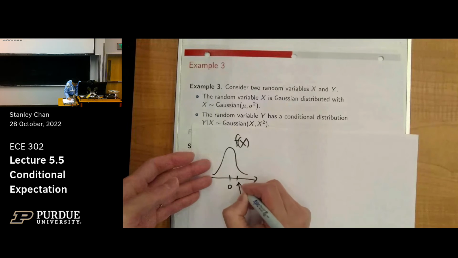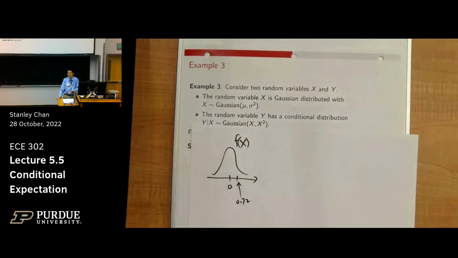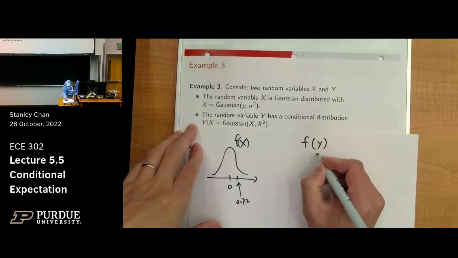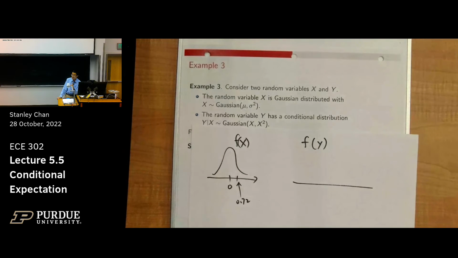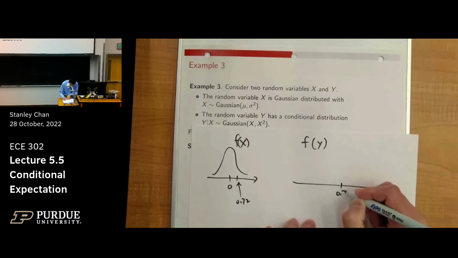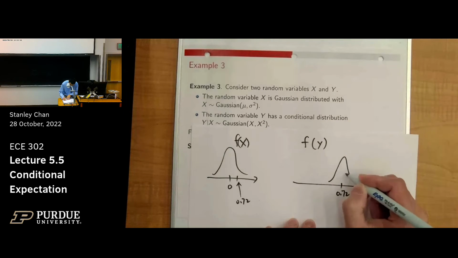Let's say today you do this experiment and get the number 0.72. Then what would be the distribution of y? Y will be a Gaussian with a mean of 0.72 and a variance of 0.72 squared. So you have a Gaussian centered at 0.72.